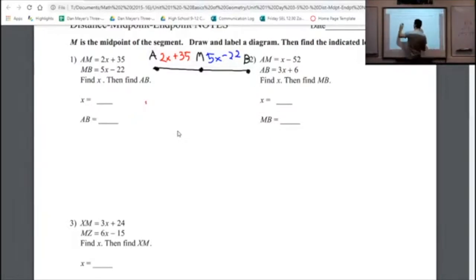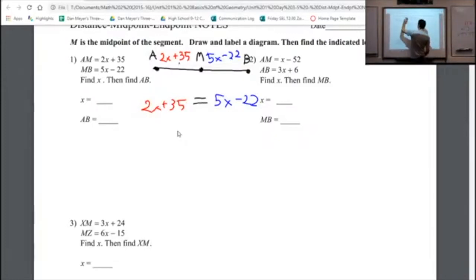And so we have this 2x plus 35 and this 5x minus 22. We know that those two have to be the same. So we're going to set them equal to each other.